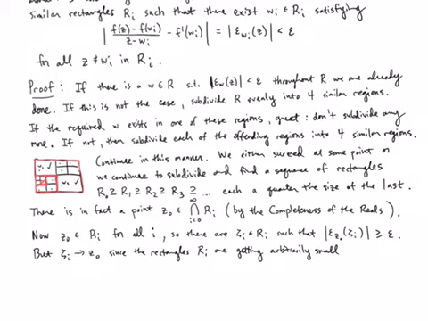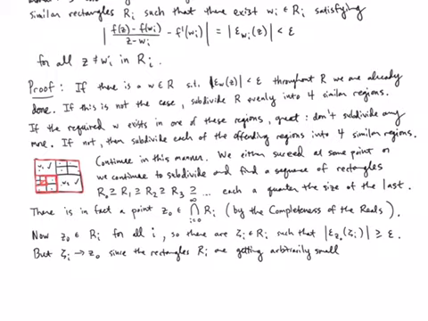So that's getting arbitrarily small. Now we have these zeta i's tending to z naught, but the magnitude of this error at z naught of zeta i is bigger than or equal to epsilon, right?